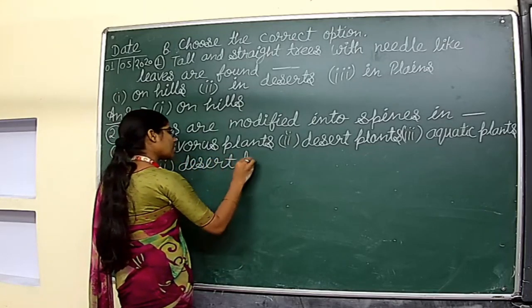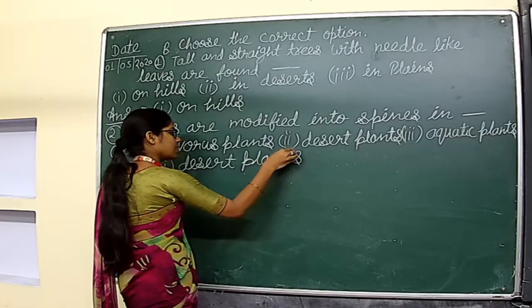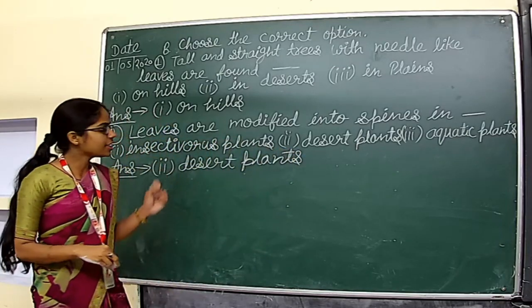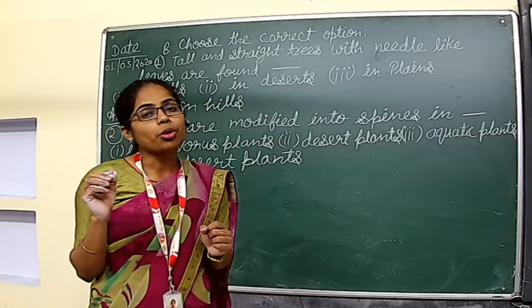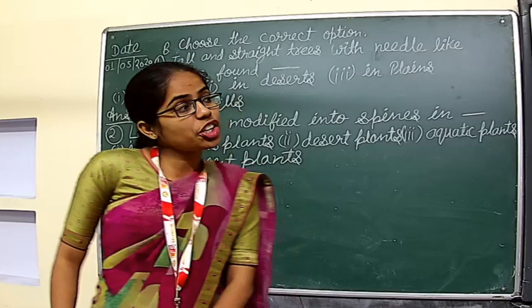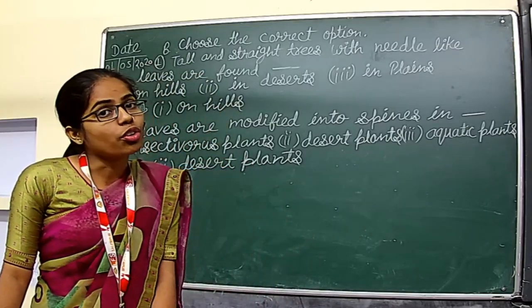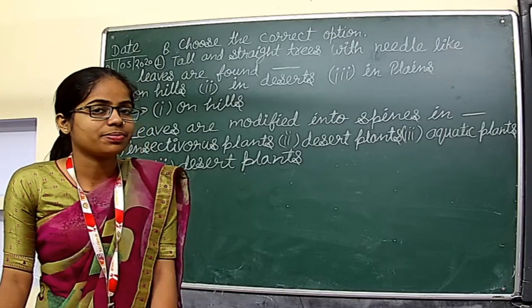Students, the correct answer for the second question is desert plants. Why are their leaves modified into spines? Because in desert areas we do not get a sufficient amount of water.